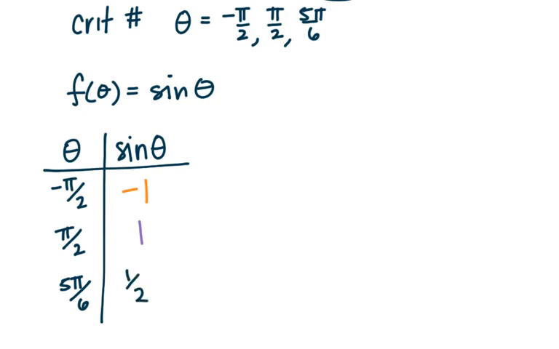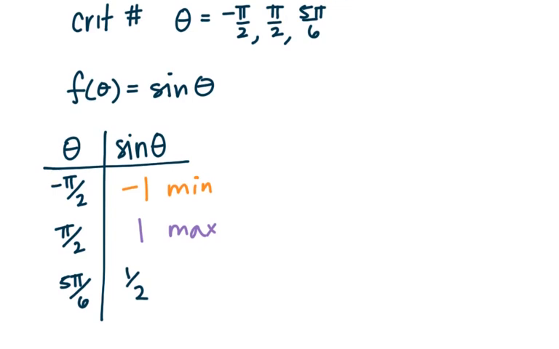So when you look at these three output values, the function output values that I have here, you notice the smallest number is negative 1. That's my min. And the largest number, positive 1, is my max.